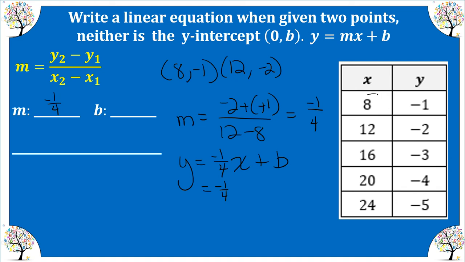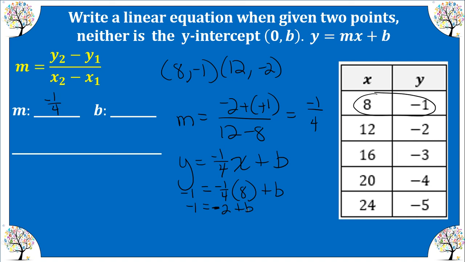So let's just use this first point. For x, we're going to plug in 8. We don't know the b value. And for y, it's -1. So a negative times a positive is going to be negative, and 1/4 times 8 is 2. A fourth of 8 is 2 plus b.